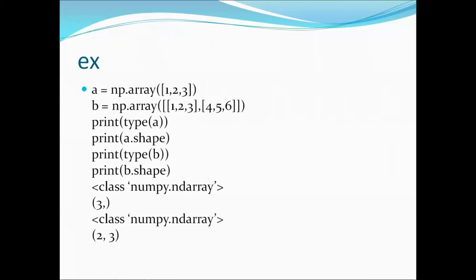I'll show you this. Here we are creating an array. What is the array we created here? A is a variable name with the values 1, 2, 3. B is a two-dimensional array which has some values.